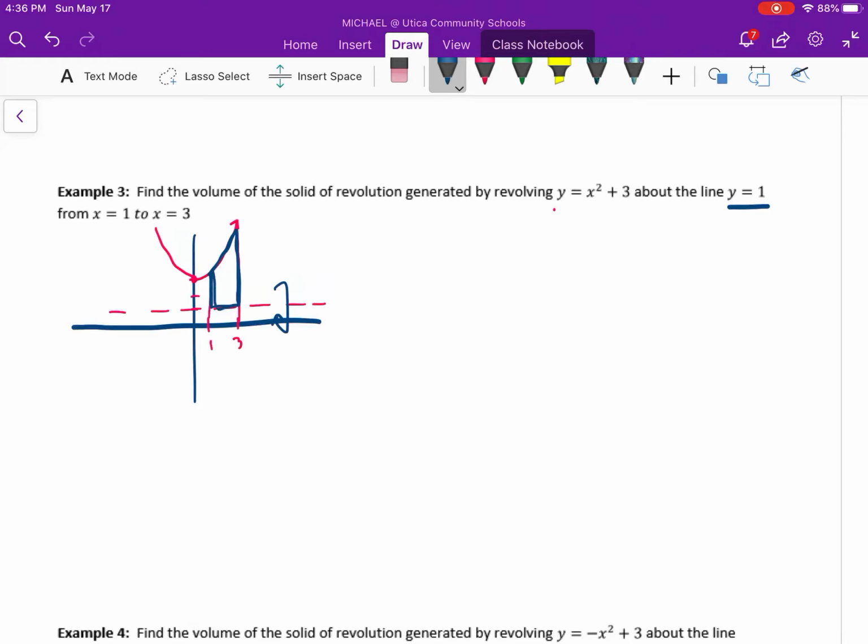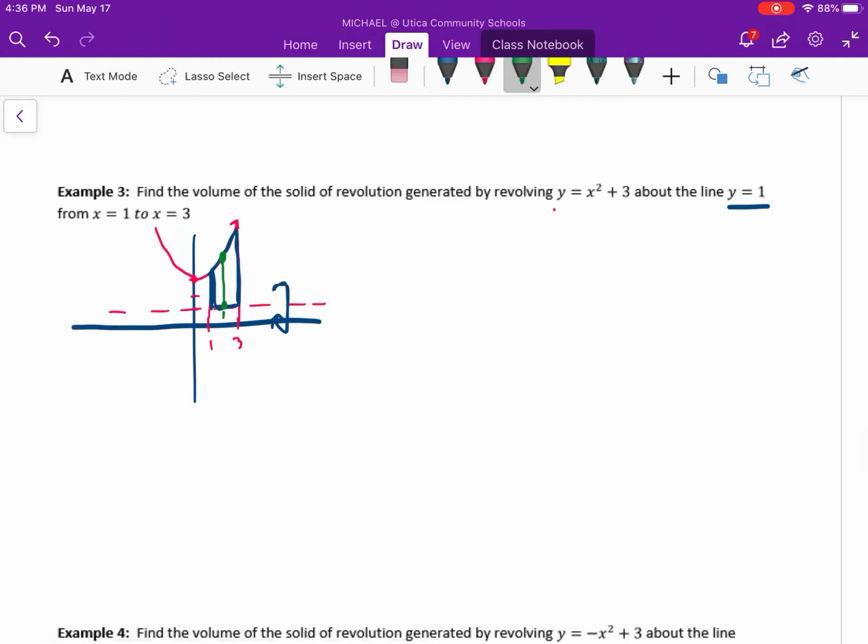So as you can see, when we're looking at this region and rotating around this axis, the radius or the heights are no longer the function value because we're missing this part right here.